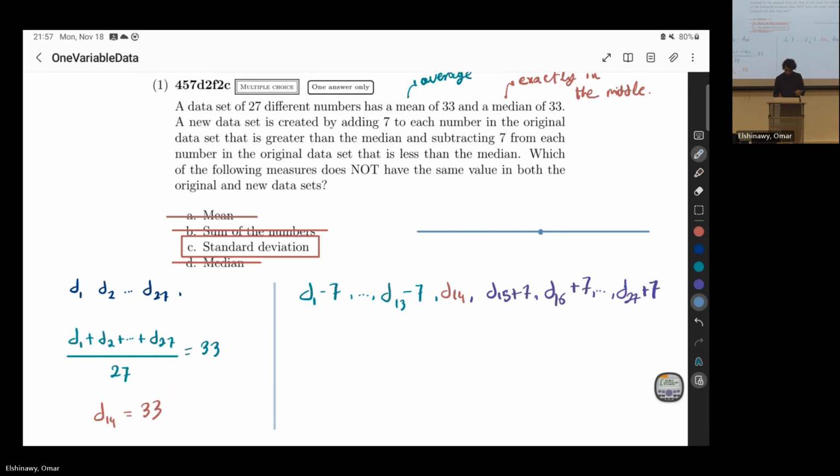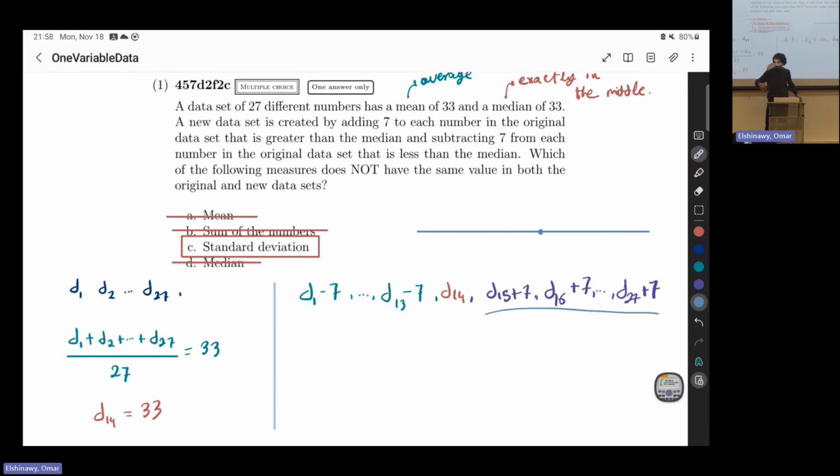But if you take away 7 from here and you add 7 from there, then the range of your set is larger, and the distances between at least these numbers and these numbers gets larger. So there's a larger deviation from the mean, if that makes sense.